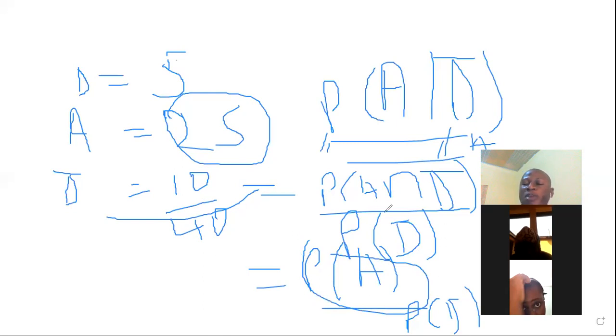Now, the probability that the transistor is not defective. If a transistor is not defective, it means it is this one together with the acceptable transistors. Can you see that? What that means is that it's those that you put into use and they were used for some hours, together with those that are acceptable.